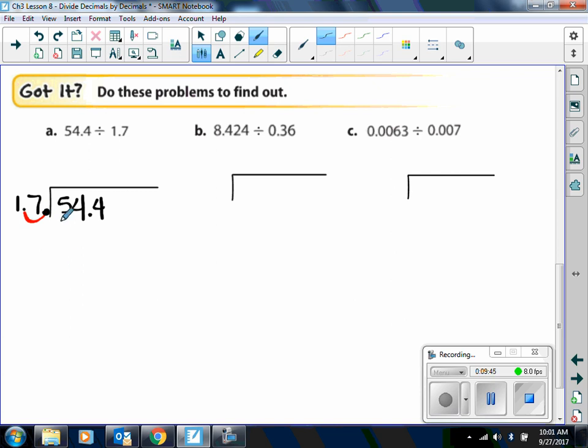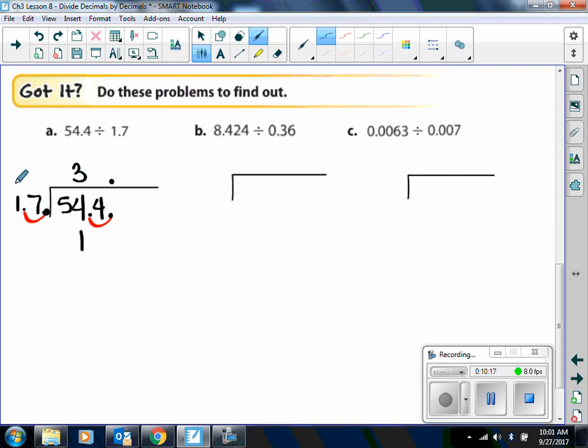So now if I move the decimal in the divisor 1 time, I have to do the same thing in the dividend. So I need to move the decimal to the right in the dividend 1 time, and where's my decimal going to be in the answer? Straight up here. And now you're just going to multiply like normal. Okay? So, how many times does 17 go into 54? 3. All right. So 3 times 7 is 21.